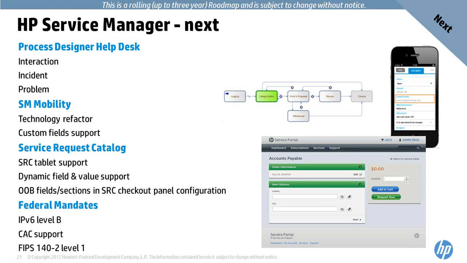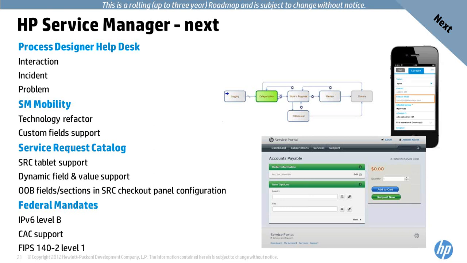The second part is that we're bringing a new mobile client for smartphone that runs on the most popular smartphone versions. And we've done a refactor of our technology stack to do that, and we'll add the custom fields support. So in terms of use case, we'll have the incident handling, the same as was released in 9.30, but of course with the custom fields, the change approval, same as 9.30, but also with custom fields, and we'll also have request approval.